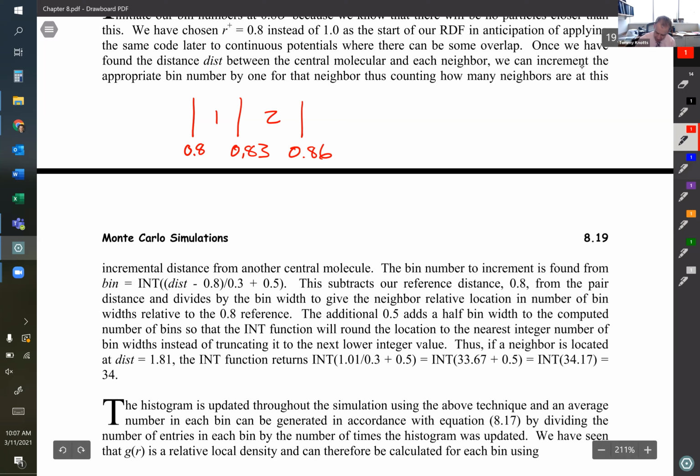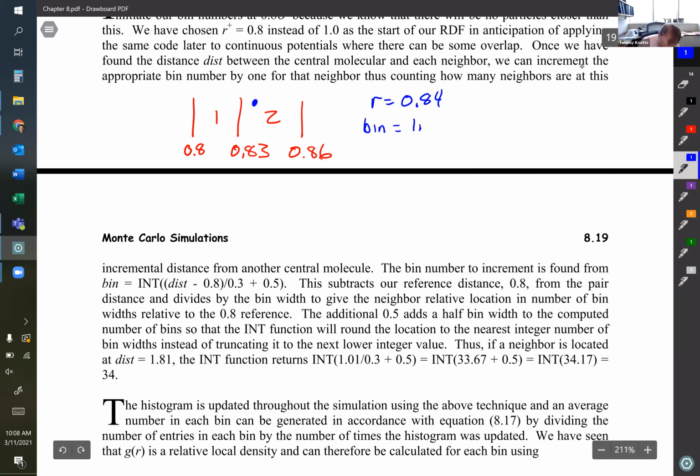Let's say I have an r. I calculate the distance between 2 points as 0.84. That's going to put me, technically, right here. I want to be in bin 2. Does that make sense? I want to count that particle as bin 2. And so let's look at how this bin statement works.